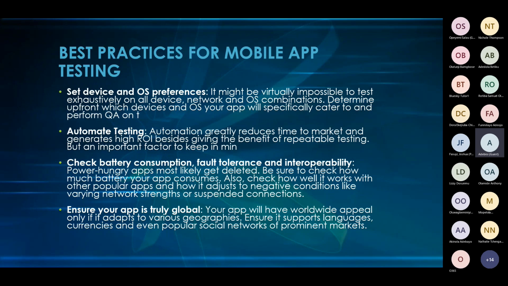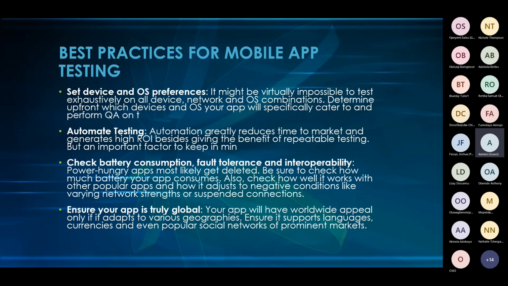It's very, very important while you are running the test, so that you can always give advice to the product owner. Also check how well it works with other popular apps and how it adjusts to negative conditions like varying network strength or suspended connections. Network strength is like when we are having all these 5G, 4G, whatever. You need to be able to know how your application works as a mobile tester.